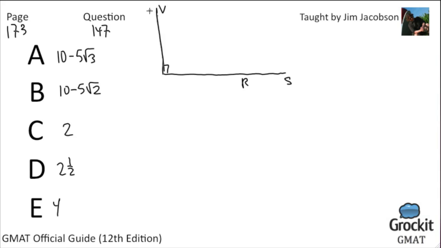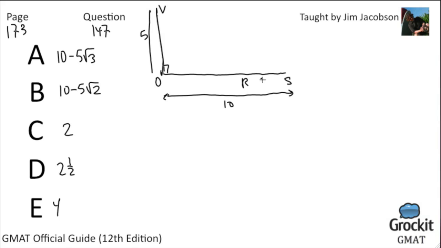I'm going to call this the origin, even though it's just the bottom edge of the pool. So VO is 5 feet, and then OS, this whole distance, is 10 feet.